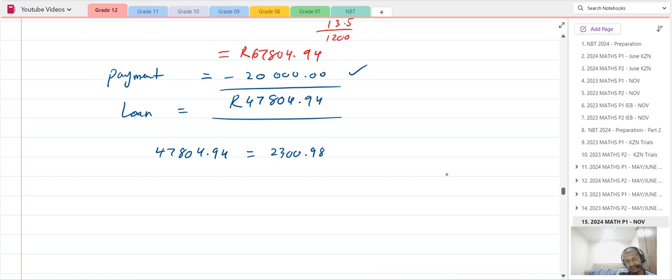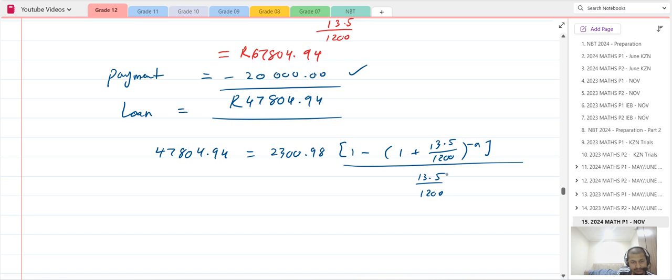2,300.98 into 1 minus 1 plus 13.5 over 1200 to the power negative n over 13.5 over 1200. We're going to multiply these two divided by this, and multiply by 13.5 over 1200, and then divide by 2300.